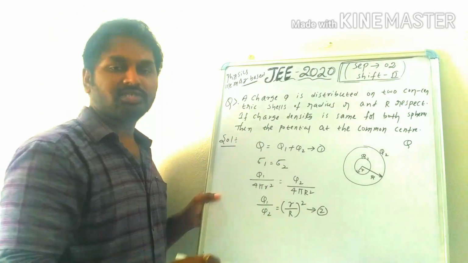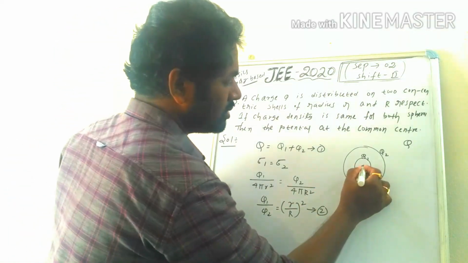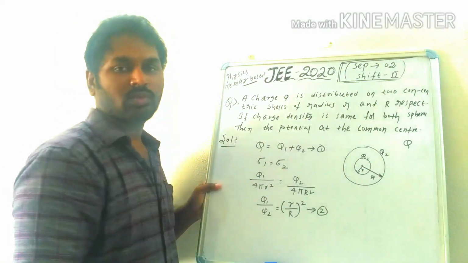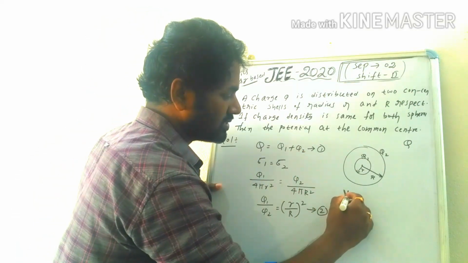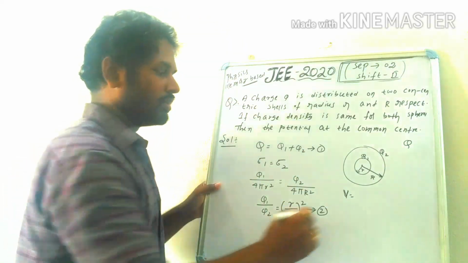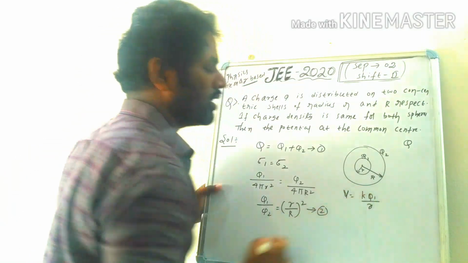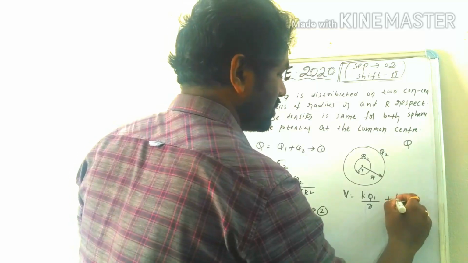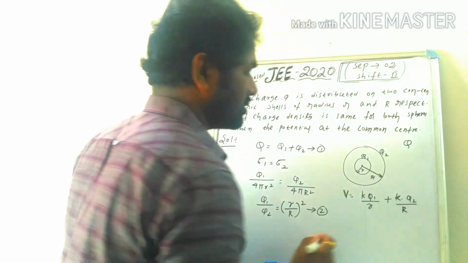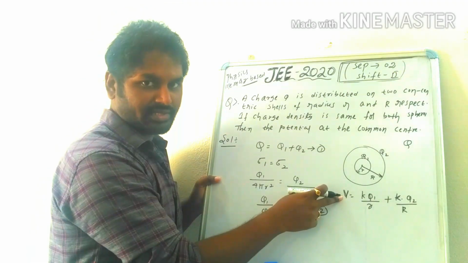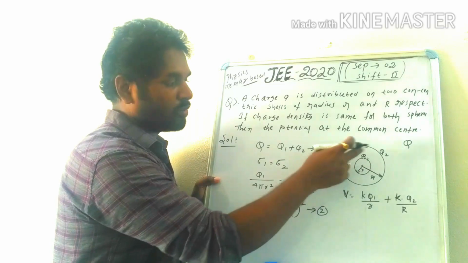With these two equations, we can find the potential at the geometrical center of both the spheres with this formula: V is equal to K Q1 by small r plus K Q2 divided by capital R. Here V is the potential at the common center of both the spheres.